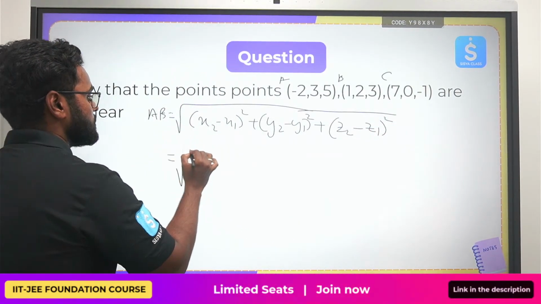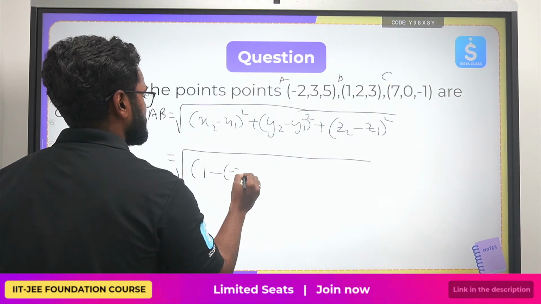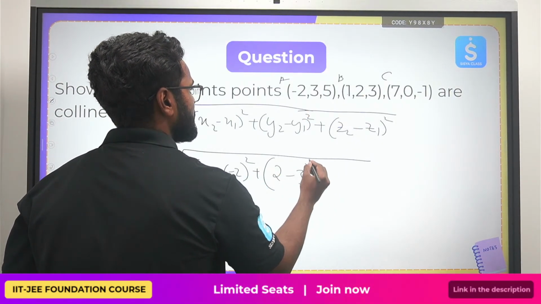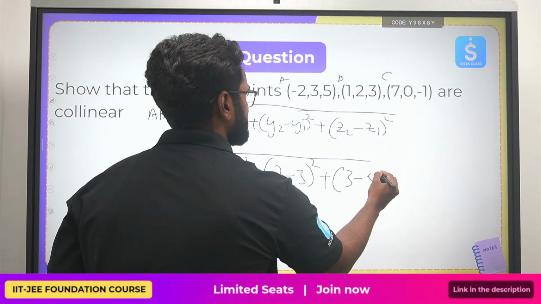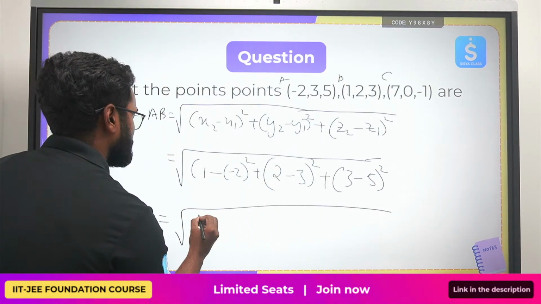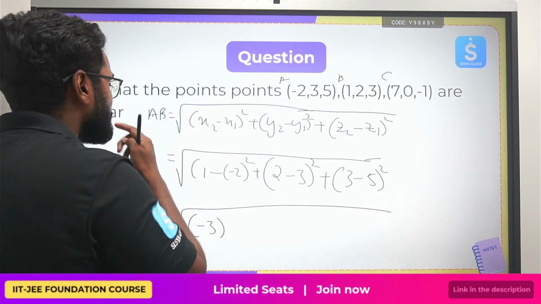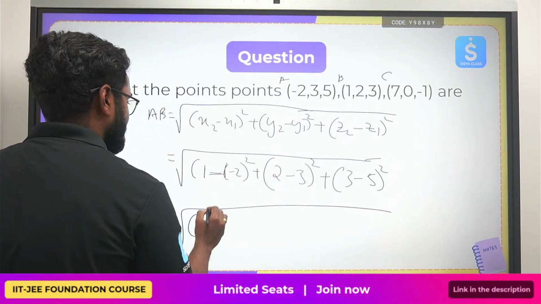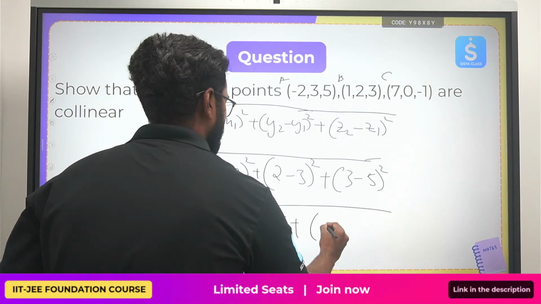That's root over (1 minus of minus 2) whole square, which is 3 square, plus (2 minus 3) whole square, which is minus 1 square, plus (3 minus 5) whole square, which is minus 2 square.